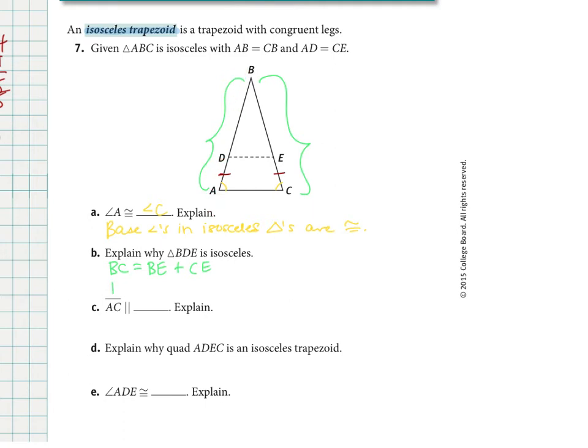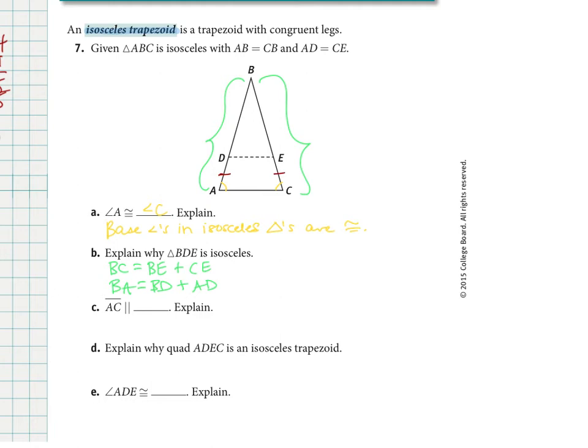Well, following the same order, we know BA is going to be equal to BD plus AD. And we know that since triangle ABC, since we know it's isosceles, that means that AD and CE are going to equal from knowing that the legs will be congruent with the trapezoid.